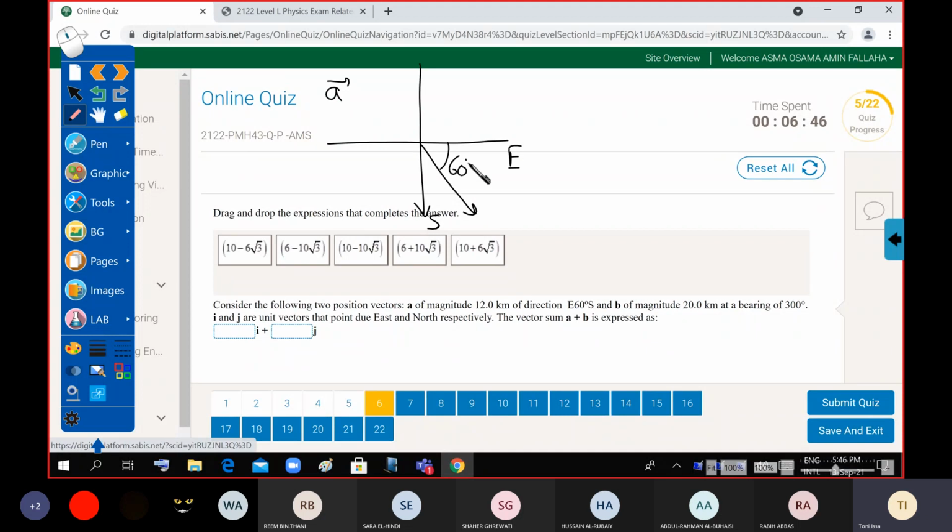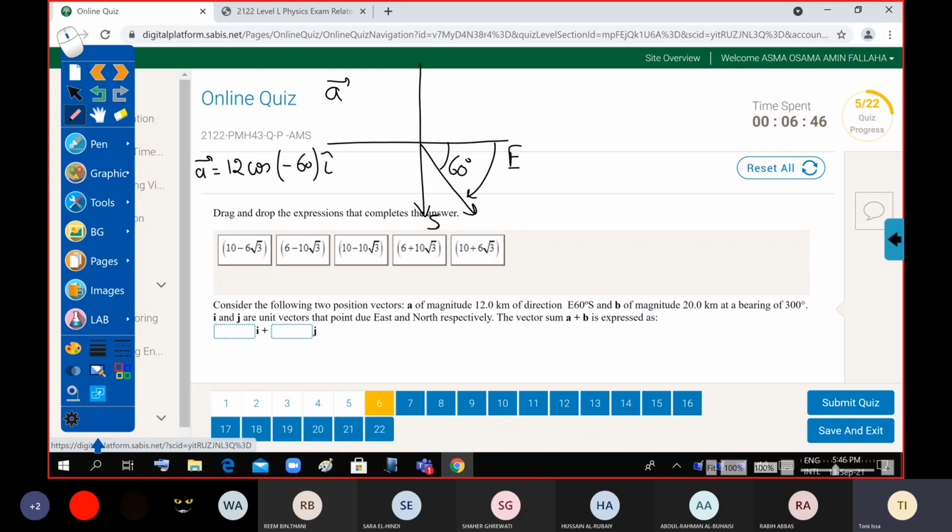This is 60 degrees. Now, in terms of theta, because I went clockwise from the x-axis, when you are substituting to find vector A, remember, it will be magnitude, which is 12, cosine of angle theta, which will be minus 60, i. Why minus? Because we went clockwise from the positive x-axis.